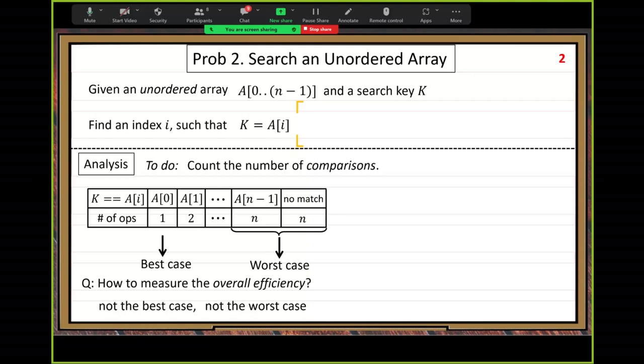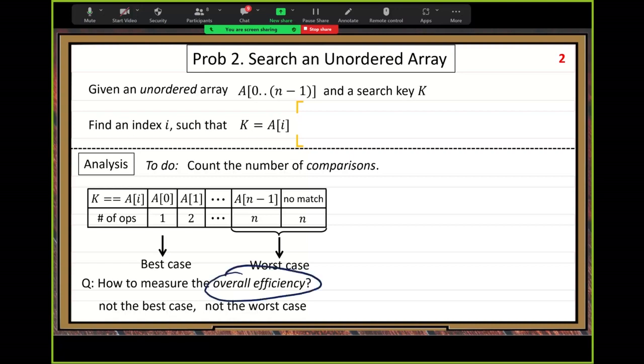But here, let's get back to our previous question. We want to find a good measure for the overall efficiency. This is the main concept I want to explain for this question. Overall efficiency, this concept here.